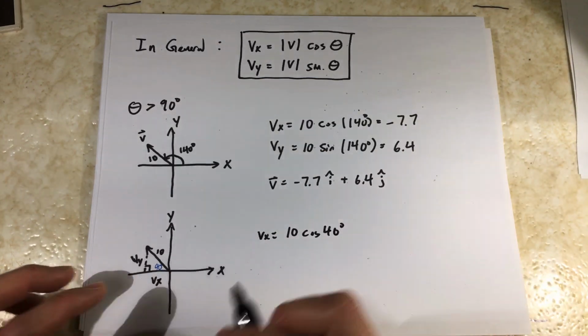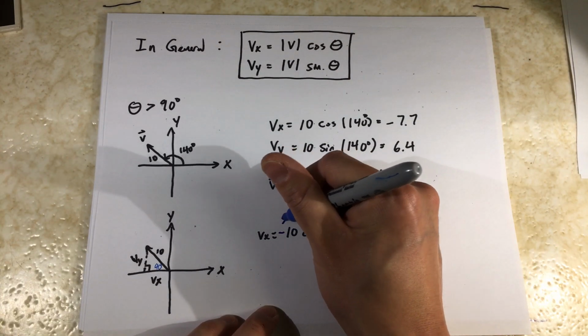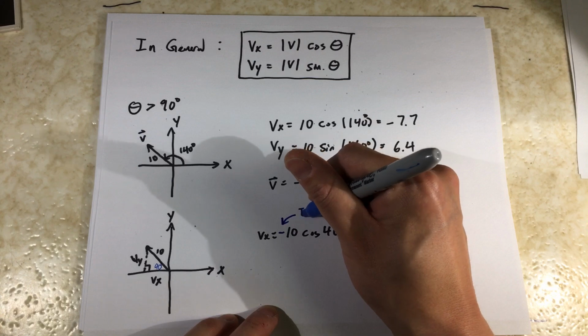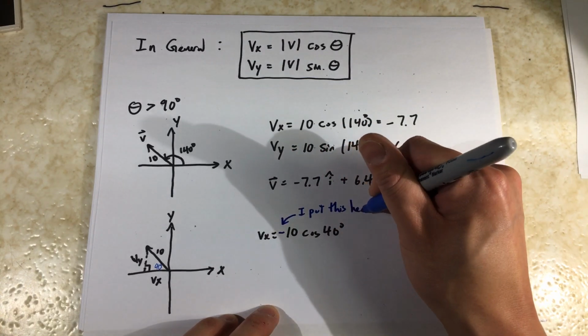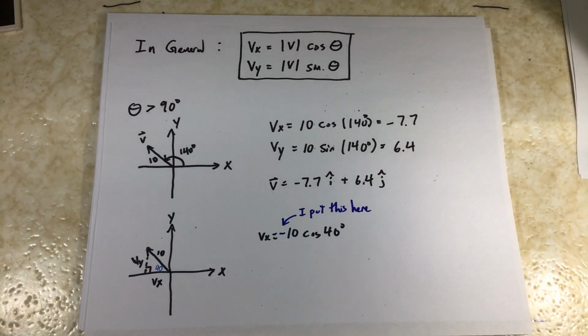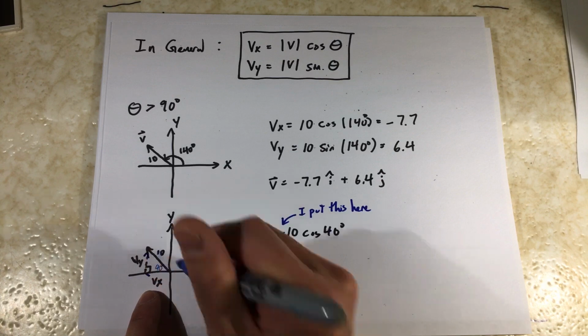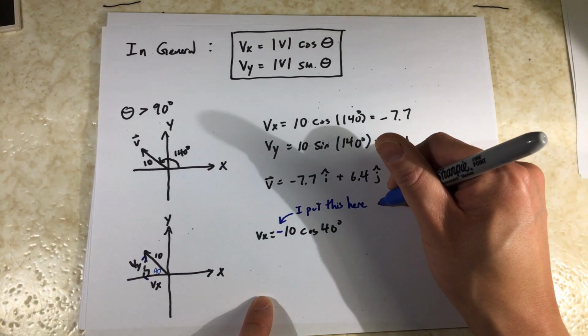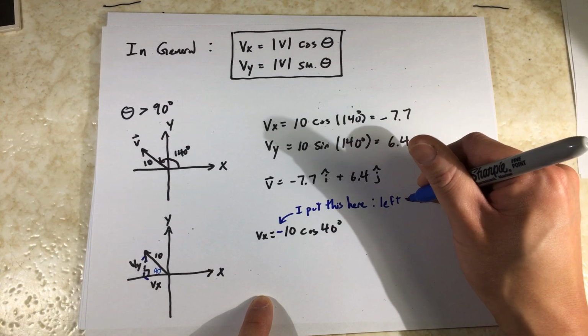And then what I would do here is I would put a minus sign in by hand. So that equation is not going to give it to me, but I just realize, I look at this and I see that it goes left. And I know that left is negative.